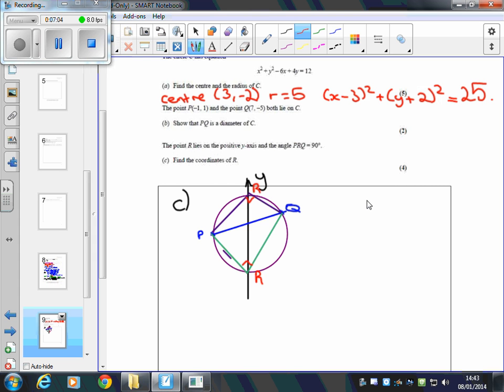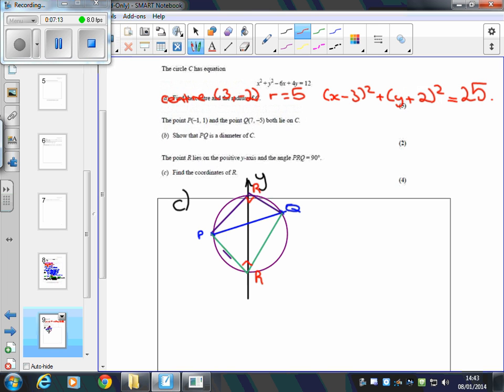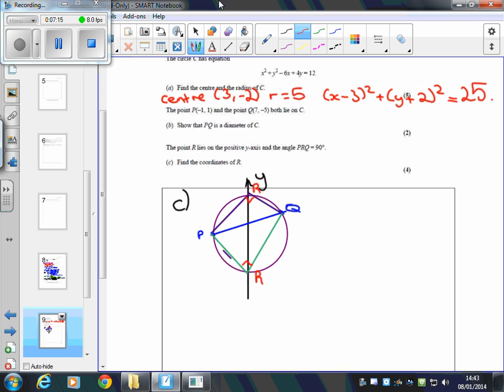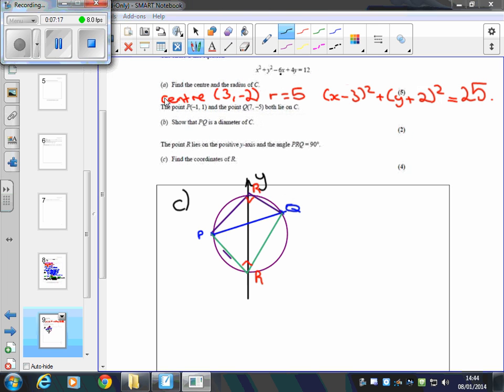So when the line crosses the y-axis, at the point where we cross the y-axis, we have x equal to 0.